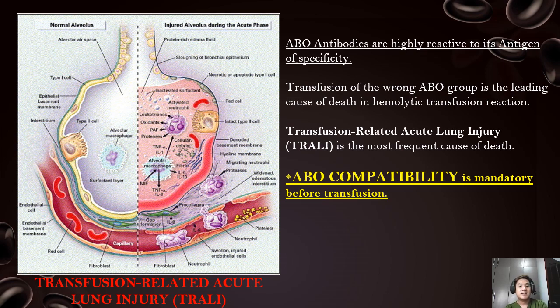And this is exactly the main reason why before a blood transfusion, it is mandatory to make sure that the donor and recipient are ABO compatible. As you can notice, I have included here the cellular mechanism of how TRALI affects your alveolus or lung cells. However, it has a complex cascade of cellular interactions that may require a separate discussion, and of course, it will be tackled in a separate designated week in our immunohematology lecture.